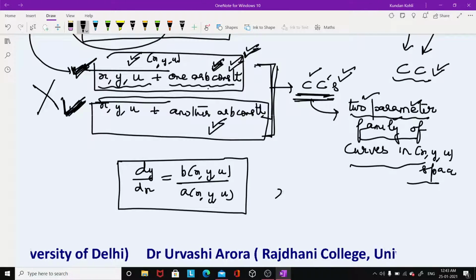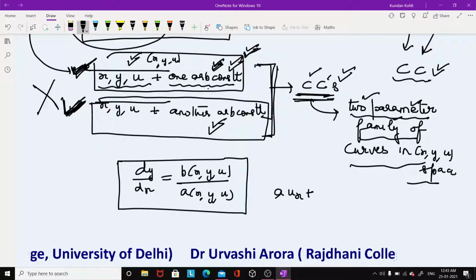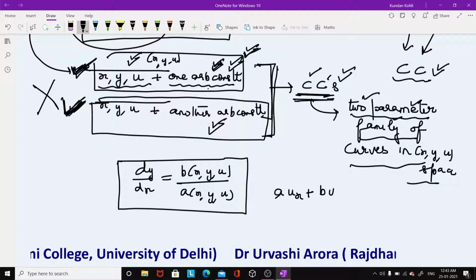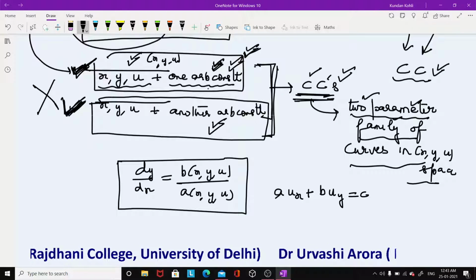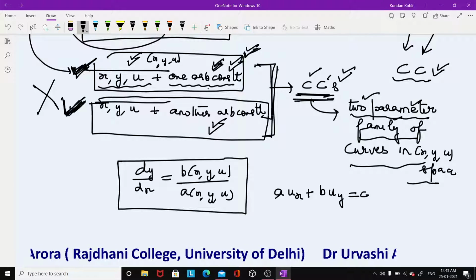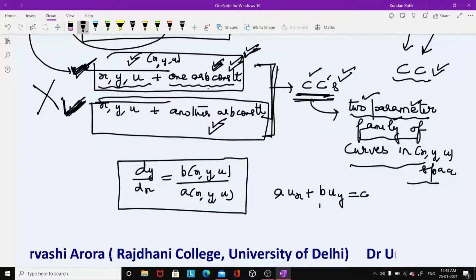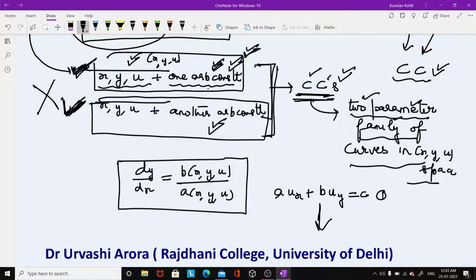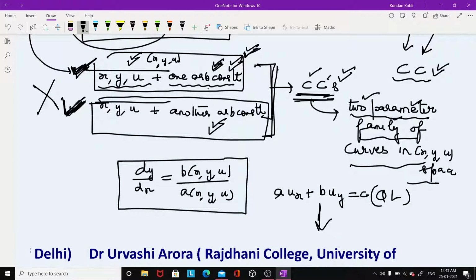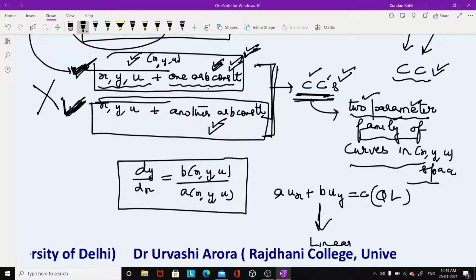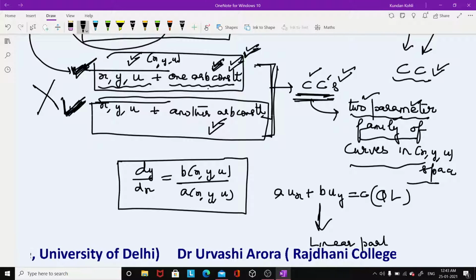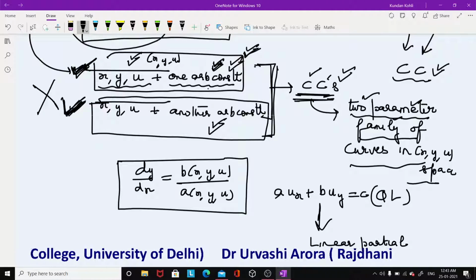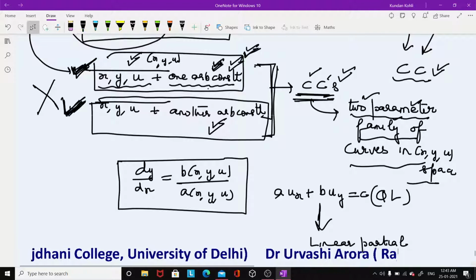Now this was the case for a quasi-linear partial differential equation a u_x plus b u_y is equal to c. This is the first order general quasi-linear partial differential equation. Now suppose it becomes a linear partial differential equation.